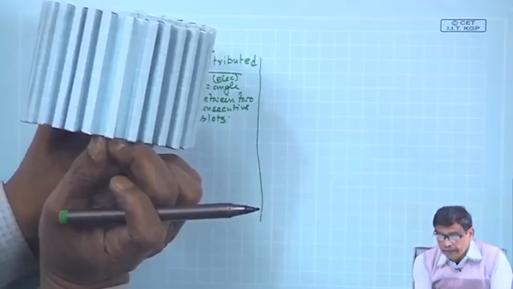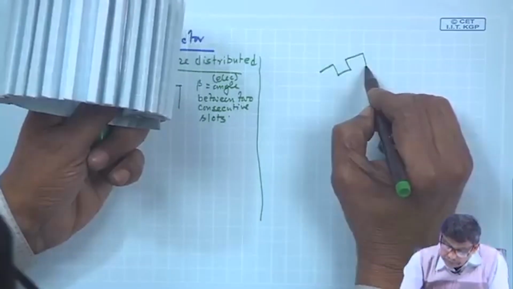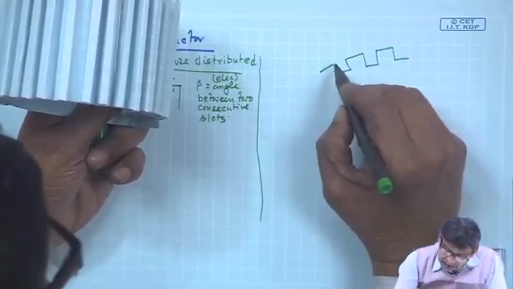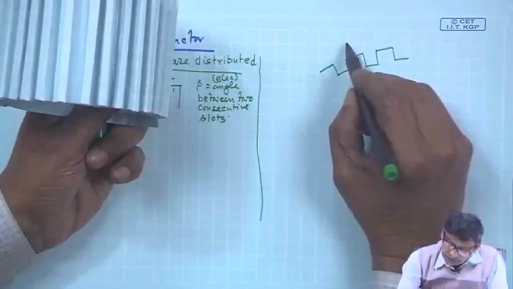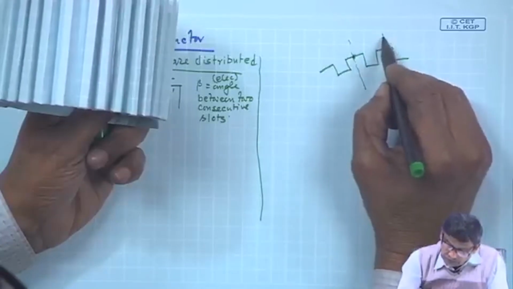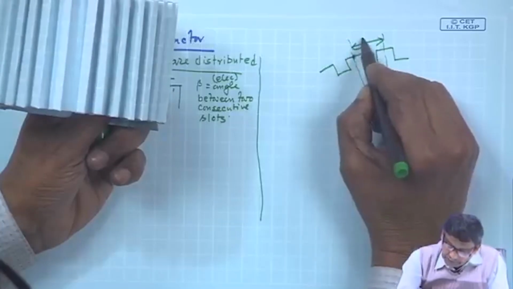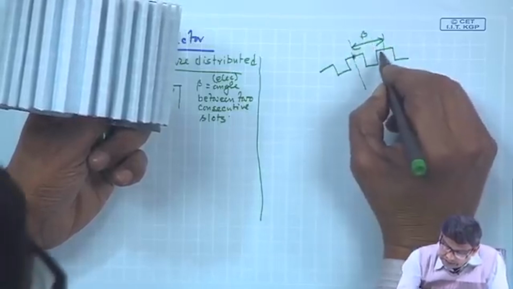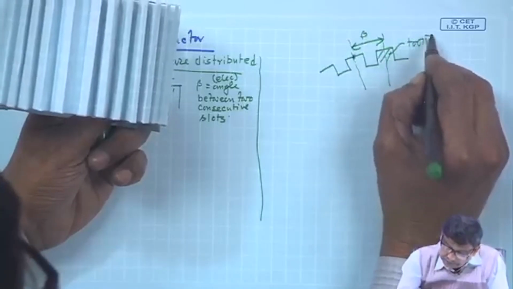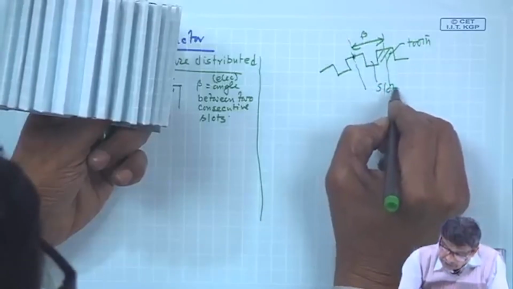Got the point? So, the slots are like this, it is going like this. So, the angle between the 2 consecutive slots, see this center of this tooth and center of this tooth, this is also beta. This part is called the tooth, and this part where conductors will be placed is called slots.